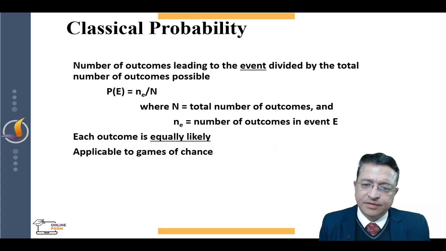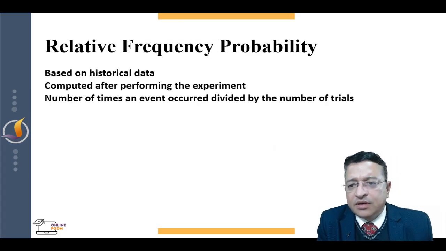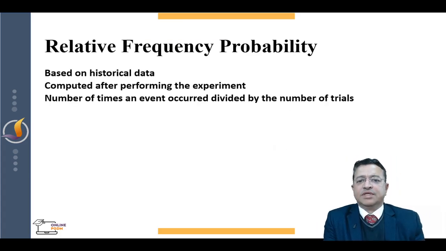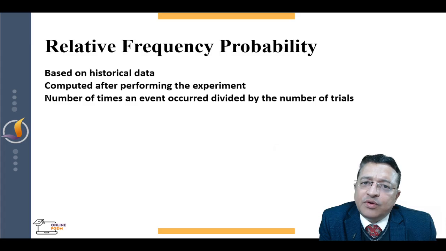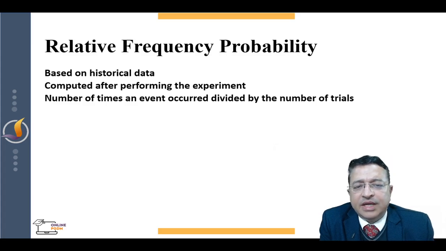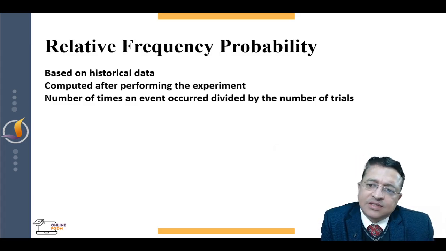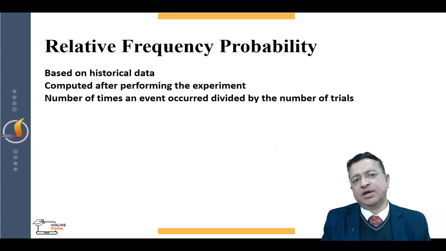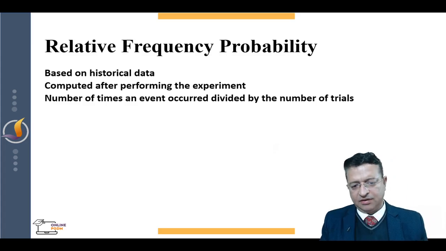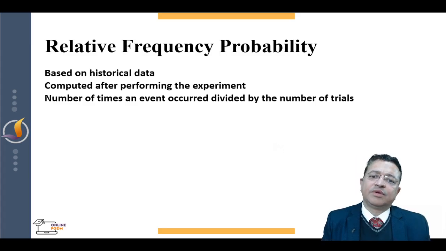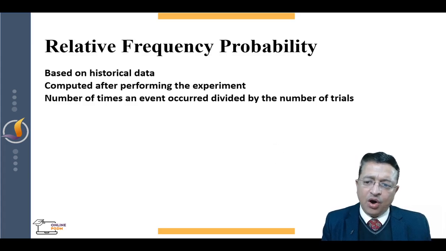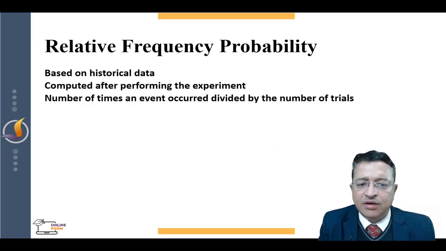Now when we come to relative frequency probability, structure-wise, if you look at this method, the structure is the same: the favorable cases divided by the total number of cases. But here we compute this probability after performing the experiment, as the number of times an event occurs divided by the number of trials.